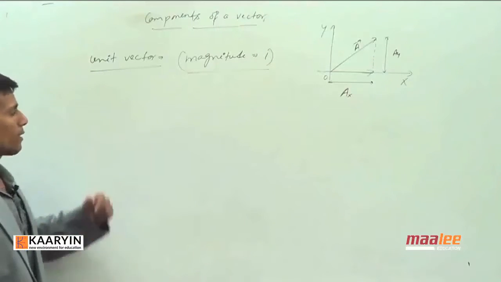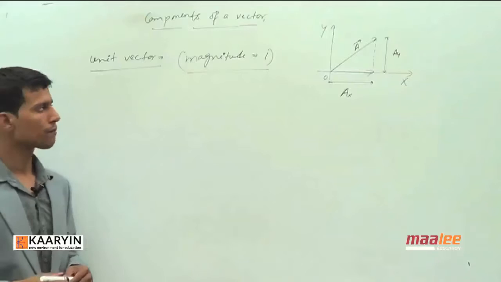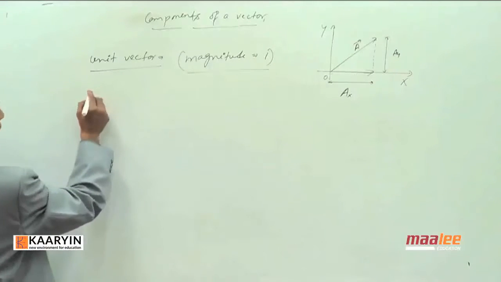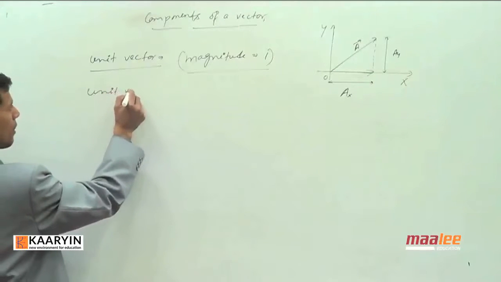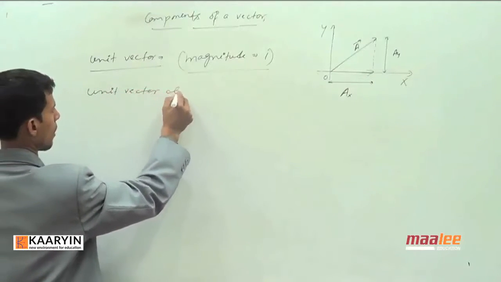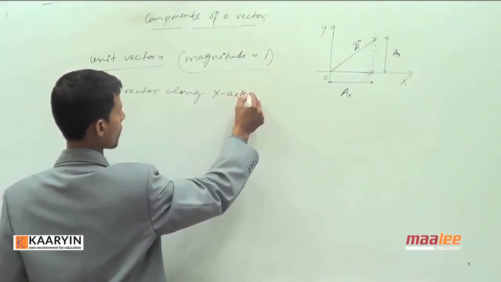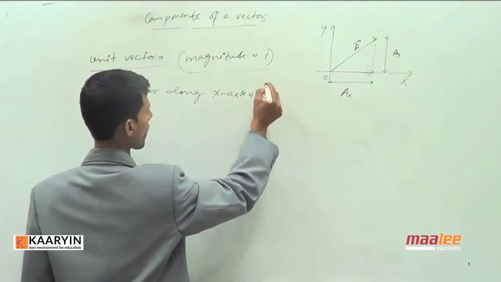The unit vector along the x axis is called i cap.